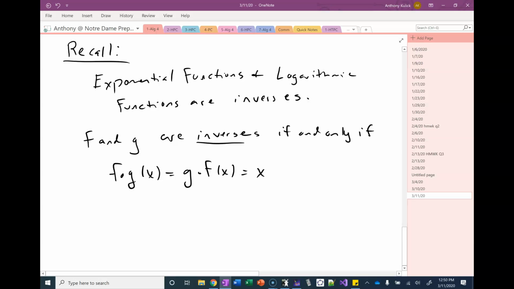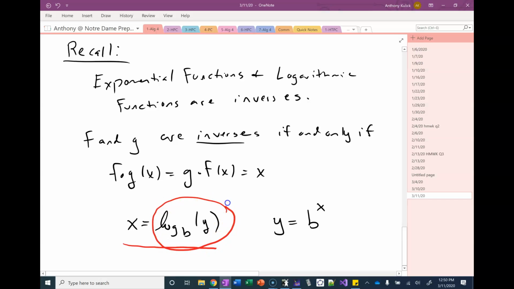So let's say I have the function x is equal to log base b of y, and I have the function y equals b to the x. So what I'm going to do here, since this equation is equal to x, I can take this part and plug it into the x in this equation, right?